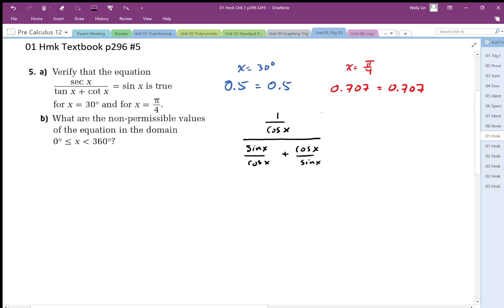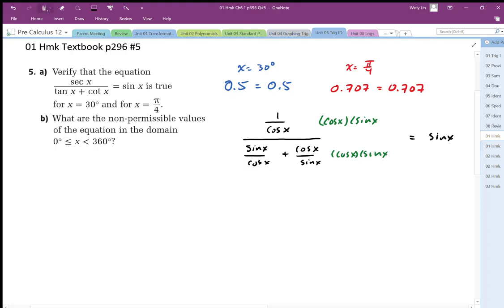And what I'm going to do is get rid of all the denominators here. I'm going to multiply the top by cos x sine x, and we're going to multiply the bottom by cos x sine x, and we're going to check to see if that ends up equaling the sine x on this side.